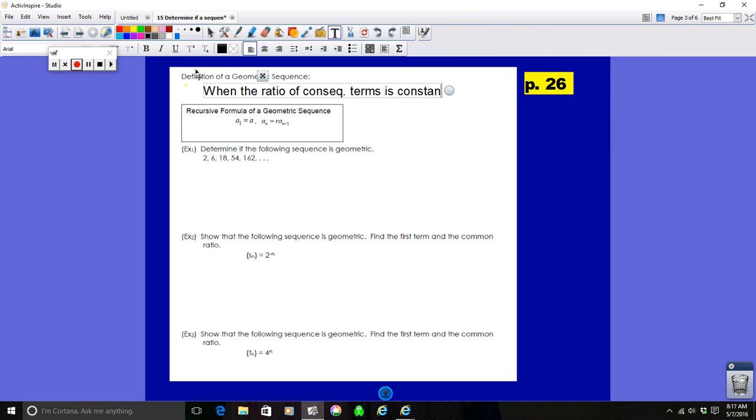And again, what you're looking for here is a multiplication or division that's a constant. So between consecutive terms, you are multiplying by the same number or you are dividing by the same number.